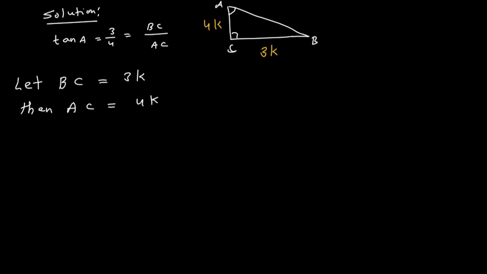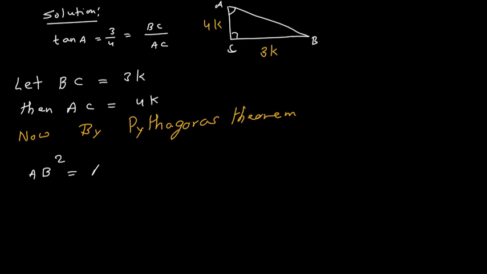Now what do we do? We apply the Pythagoras theorem. By Pythagoras theorem, we can say that AB square is equal to AC square plus BC square.